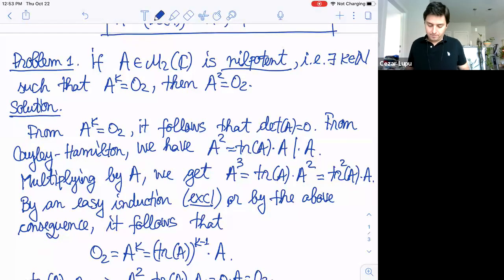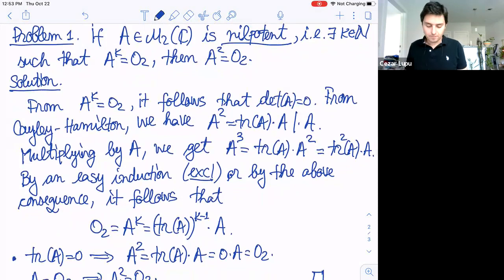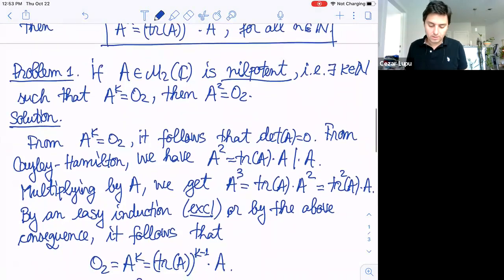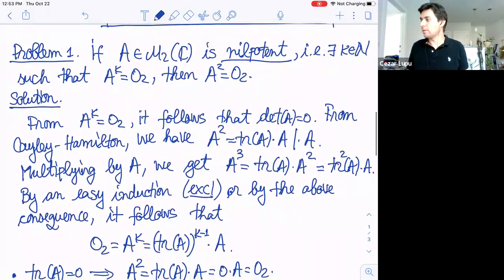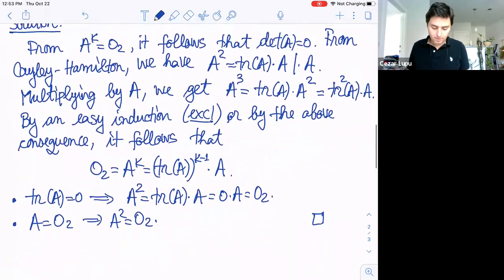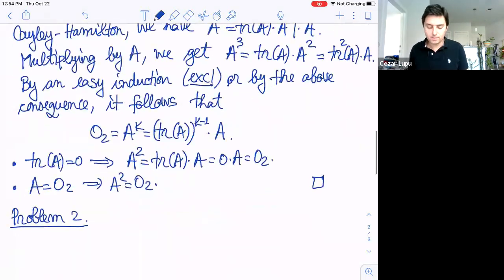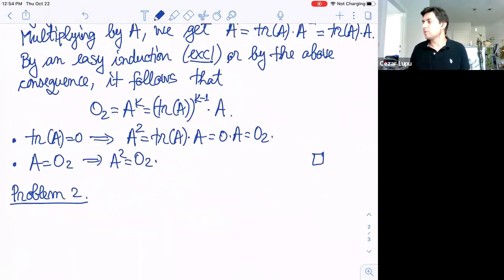Now, before I go and talk about some other things, for example, another exercise, and in fact, yeah, why not? So problem 2. In fact, I will tell you this, you can prove this using eigenvalues, but anyway, we'll go there. So problem 2 says the following.